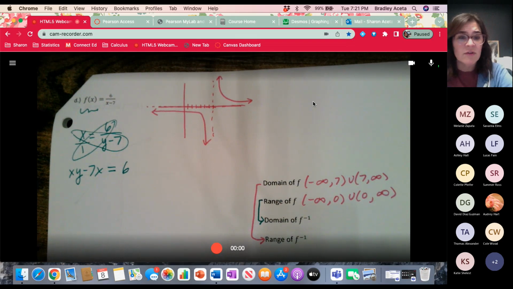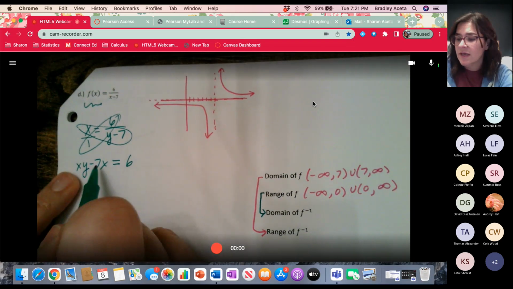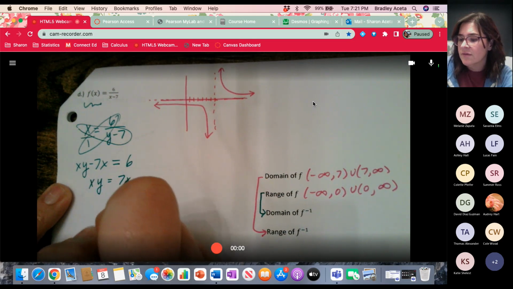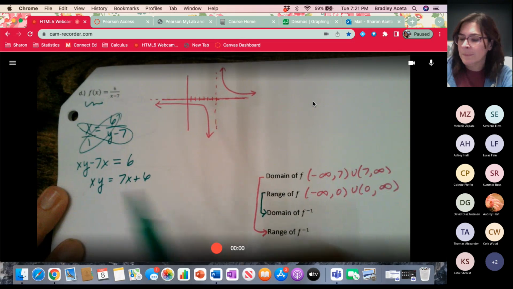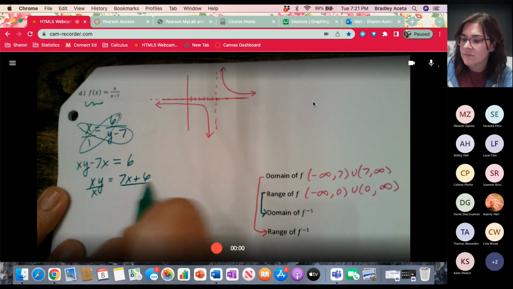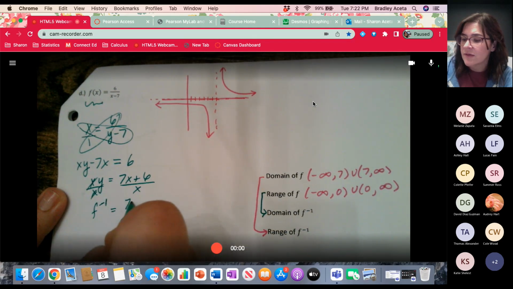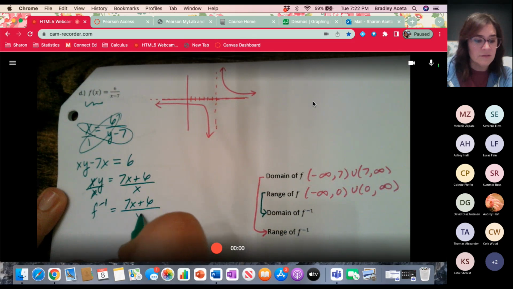And again, remember you're solving for y. So let's add the 7x over: 7x plus 6, and then divide by x. So y, which is really the inverse now, equals 7x plus 6 over x.